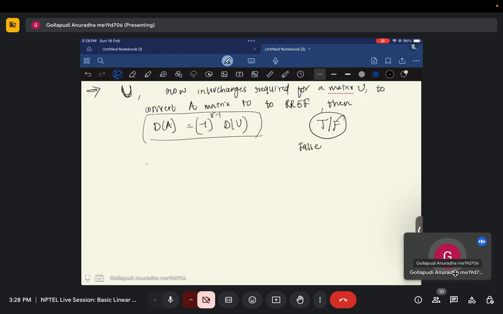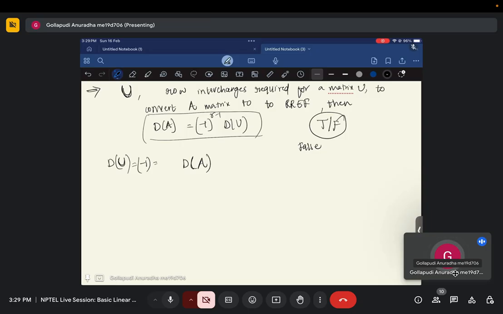So for example, imagine that I have a matrix A, and I did one row interchange. Then what will happen?